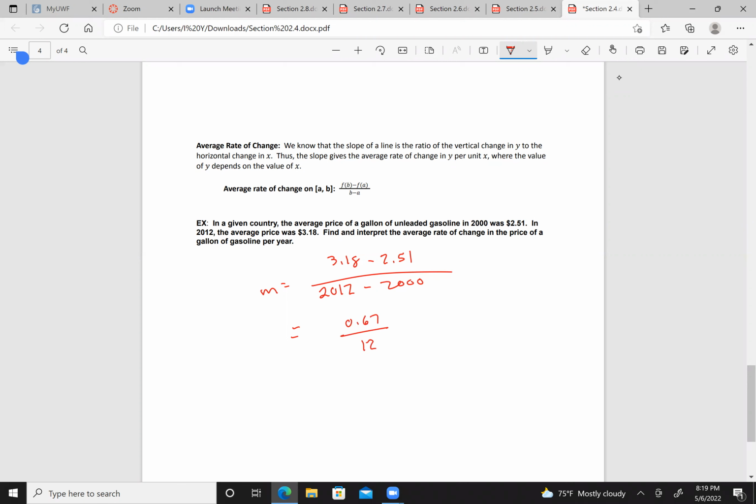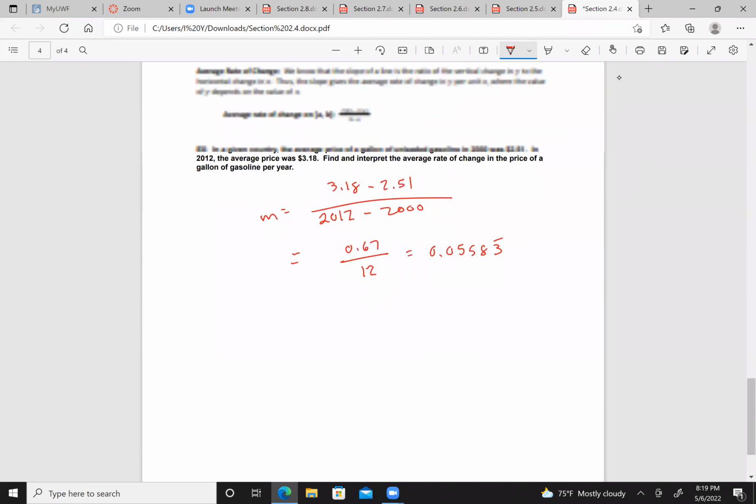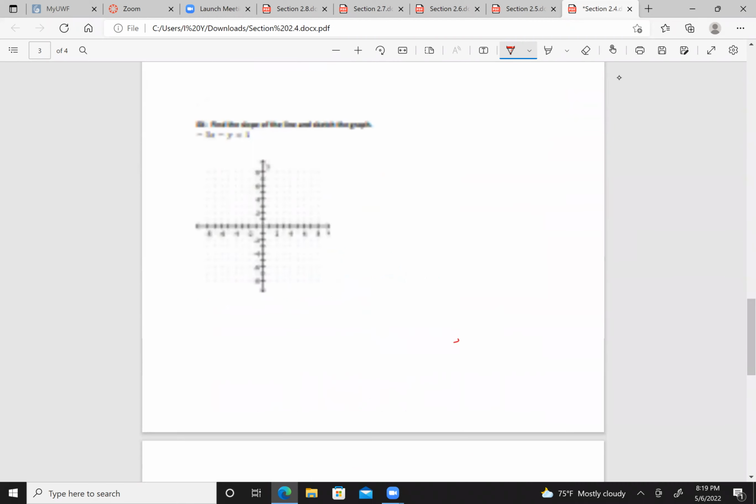And our average rate of change would be 0.05583 repeating, so about 5.5 cents a year. And of course, nowadays we know it went up a lot more than that. Anyways, that's the basics of this.